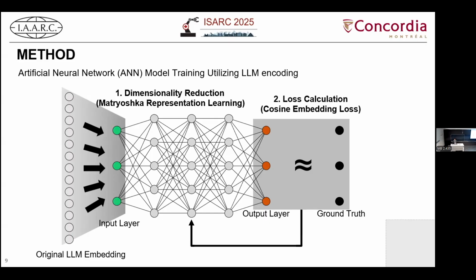So rather than just making an AI model decide what category the input is classified into, we aim for the model to return something that looks like a large language model embedding.